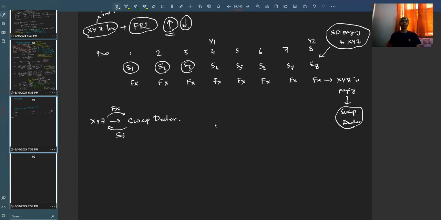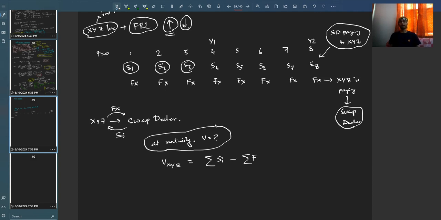So friends, at maturity, what is the value of this swap? At maturity, the value of the swap to XYZ is equal to the sum of the payments it is receiving, that is the sum of all the variable payments, minus the sum of the payments it is paying, the sum of all the FXs. And the contrary goes for the swap dealer.